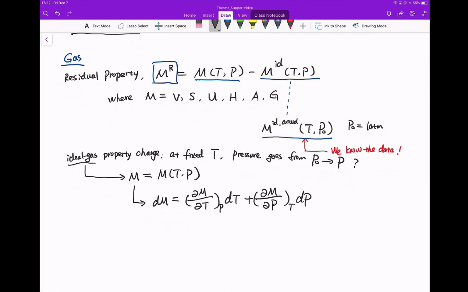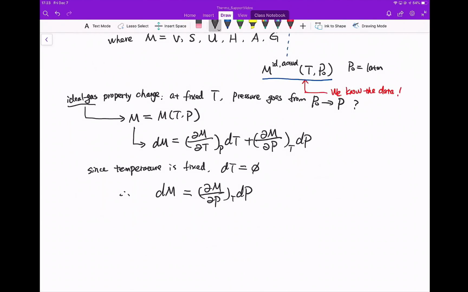Since temperature is fixed, dT goes to 0. Therefore, we would have dM basically given by this correlation, right?